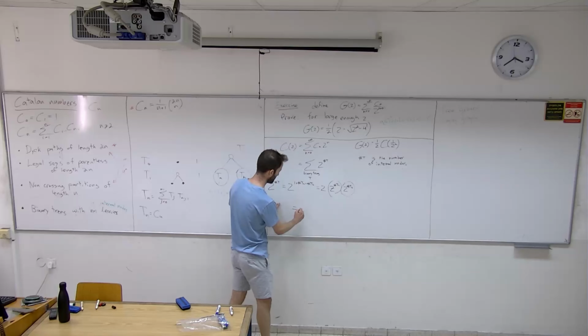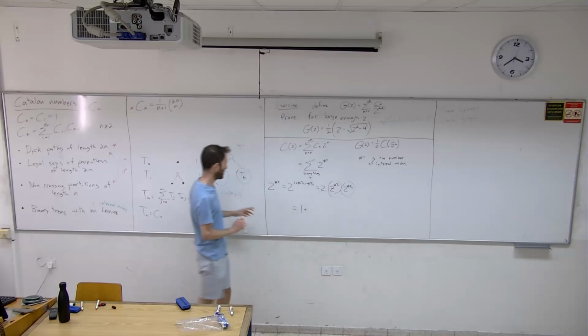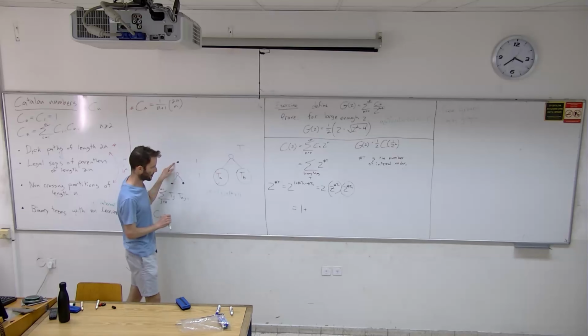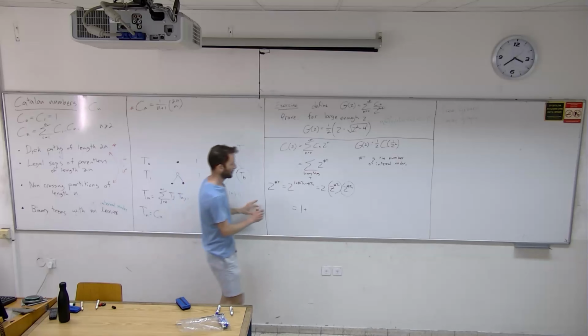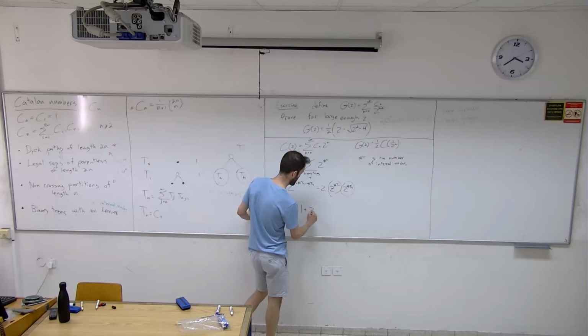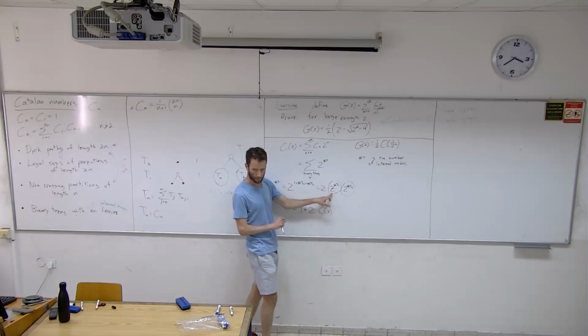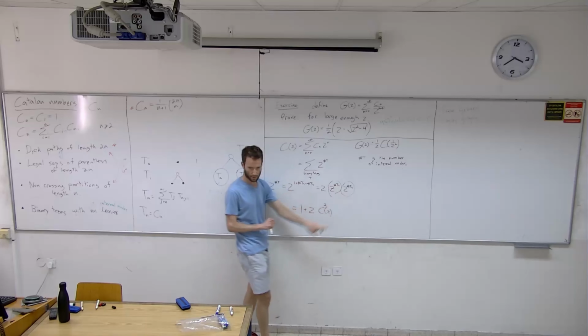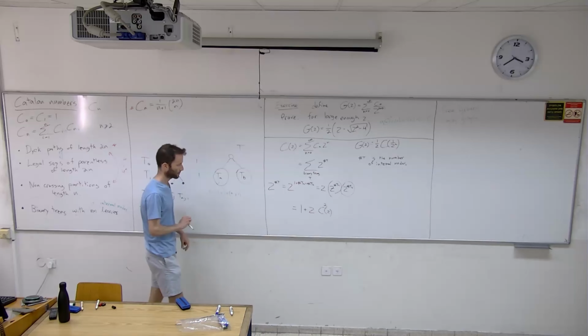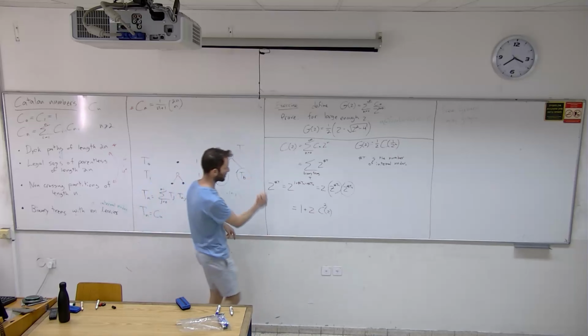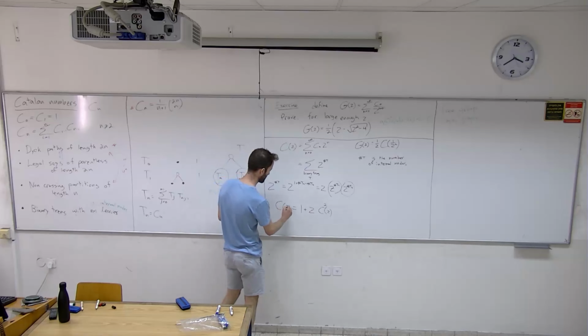So I can write down the same sum as 1, representing this case, which I excluded, times Z times C of Z squared. Squared because one instance for this part and one instance for that. Again, this equals C of Z.